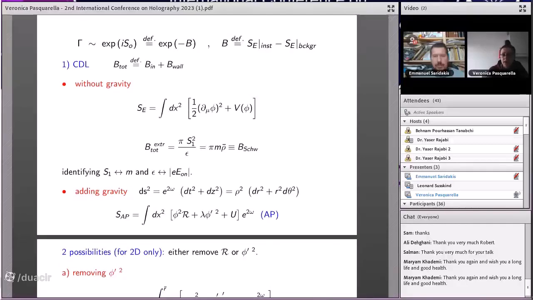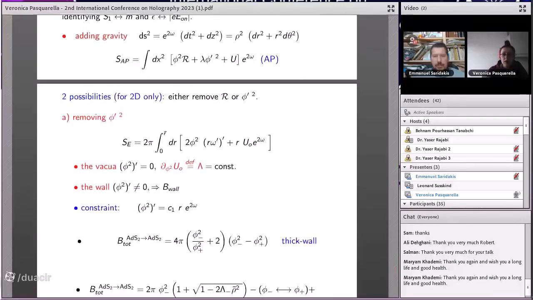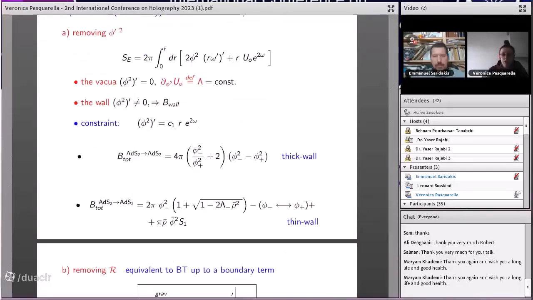So without gravity, we just end up having the total bounce, which is the bounce associated to the standard Schwinger pair production of a particle-antiparticle pair in a flat background. Adding gravity, we use the Medici setup, and we use 2 different procedures, thanks to the particular features of 2-dimensional gravity.